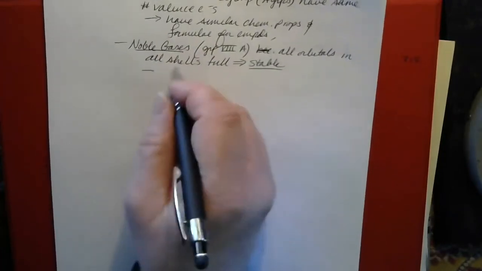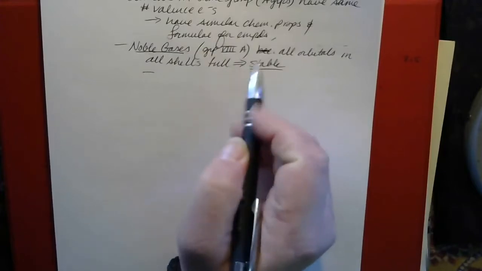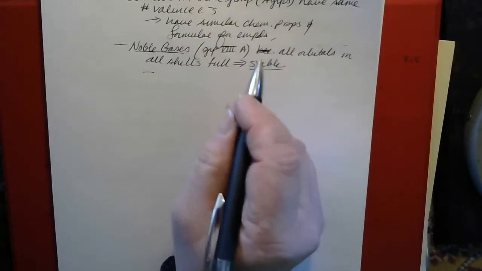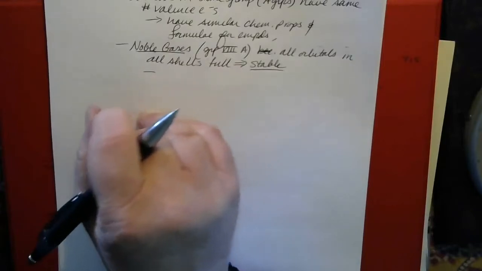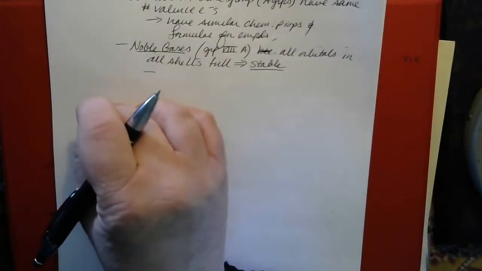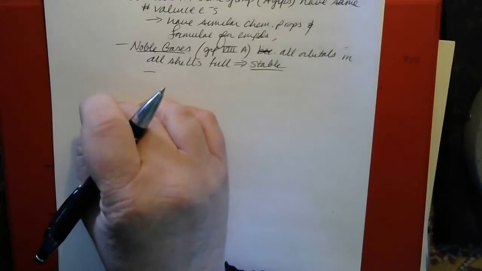And because having the same configuration or the same number of electrons as one of the noble gases makes an element really stable, the elements that are close to the noble gases in terms of electron configuration are the most reactive elements, because it takes just a little bit to get to a situation where they're so stable.